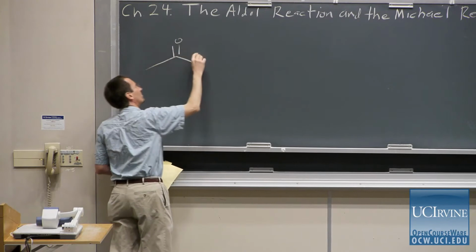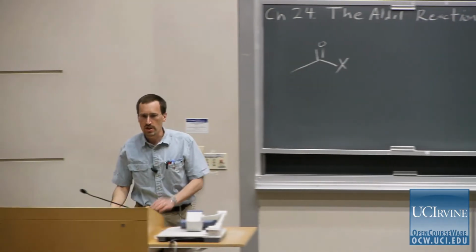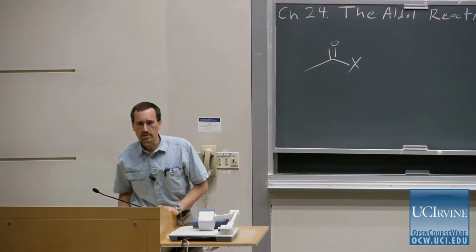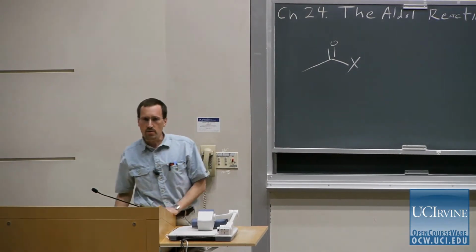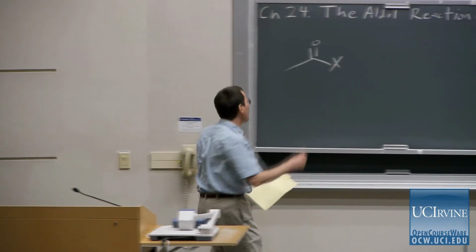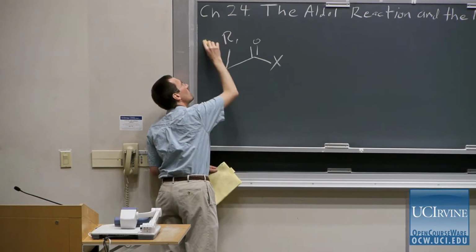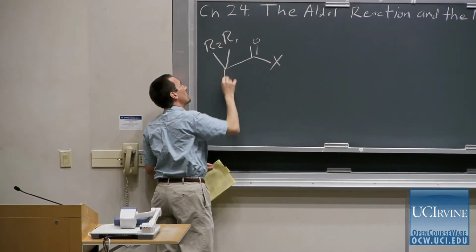All right. So in the Aldol reaction, in general, what happens is an enolate reacts with another carbonyl compound. So you have a carbonyl compound, and I'm going to write this very, very generically.